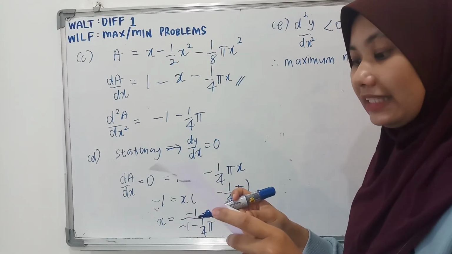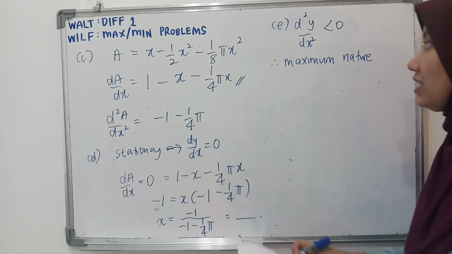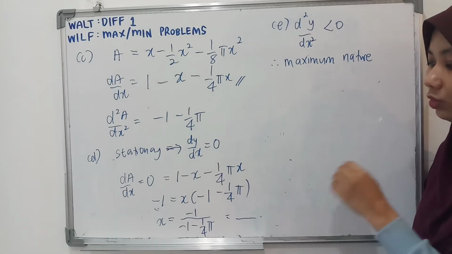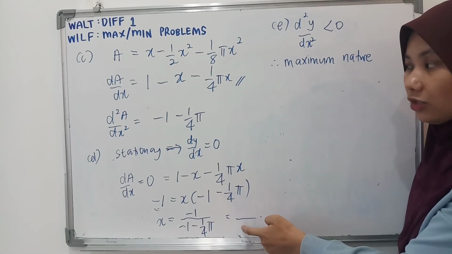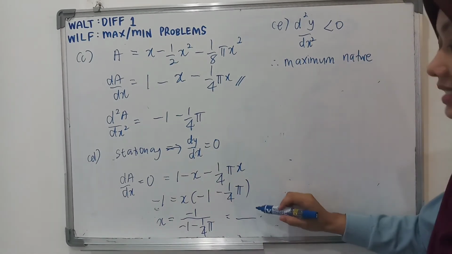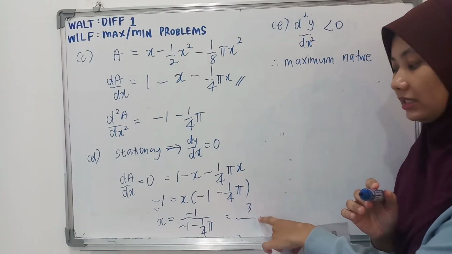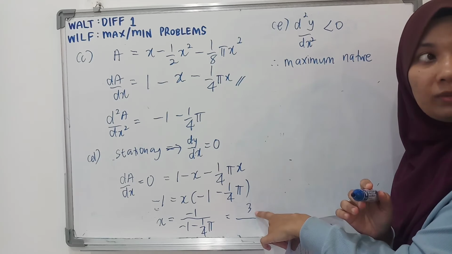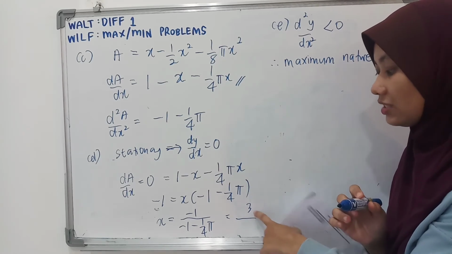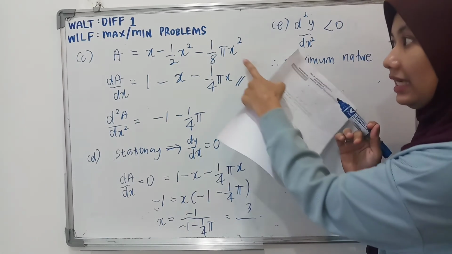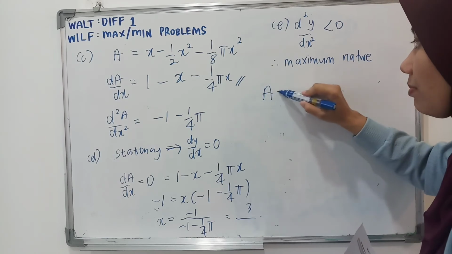Determine the magnitude. Determine the magnitude simply means the value of x here, you need to key in. Let's say I get a 3 here. It's not a 3, I just don't want to press my calculator. You just take that value and key it inside here. So what is the magnitude of A?